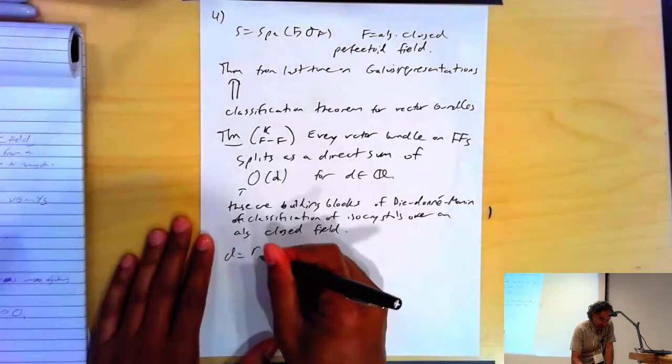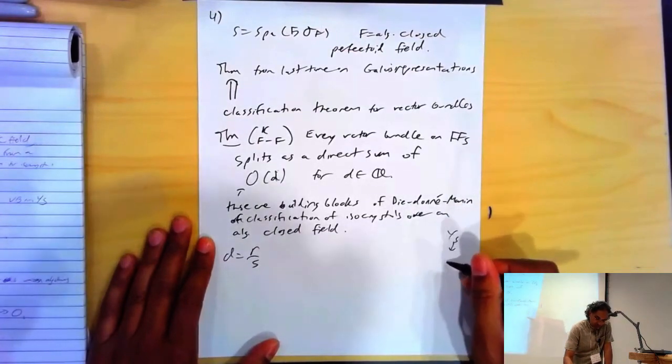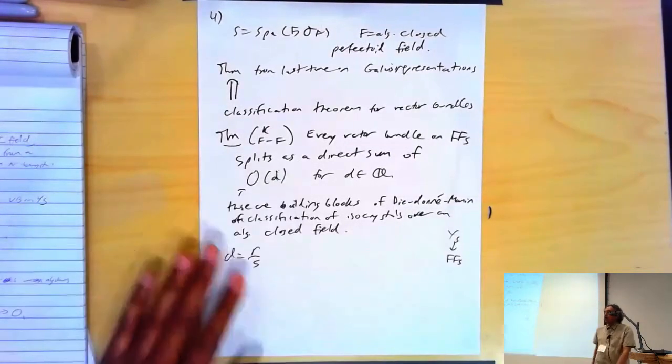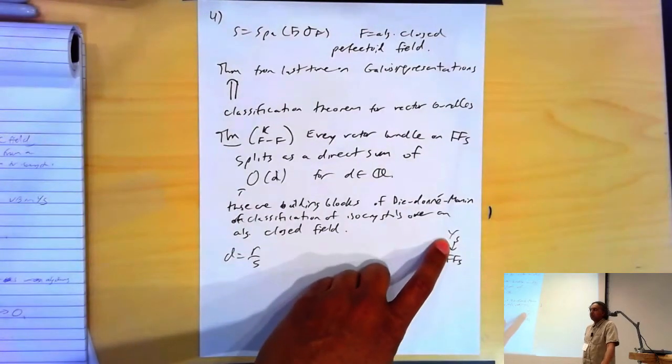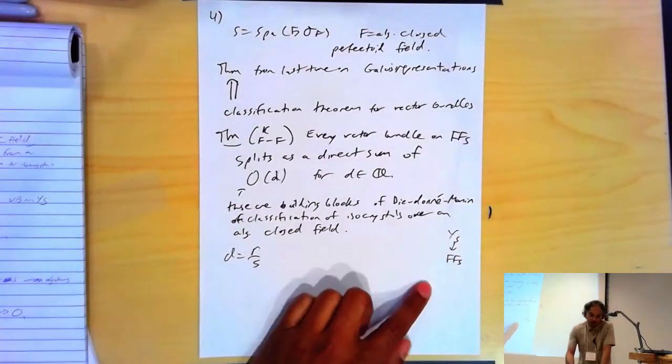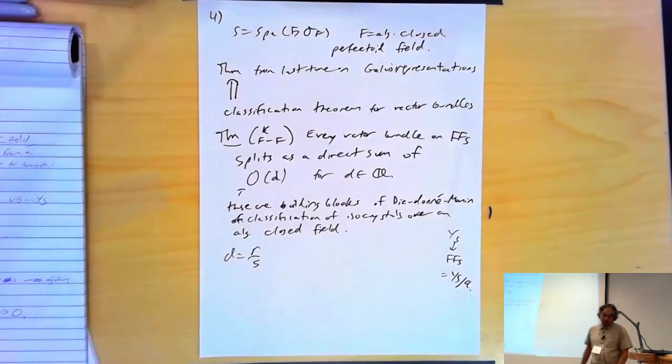So concretely, what are these things? Remember, I like to specify vector bundles on this curve by specifying phi-equivariant bundles on the cover.